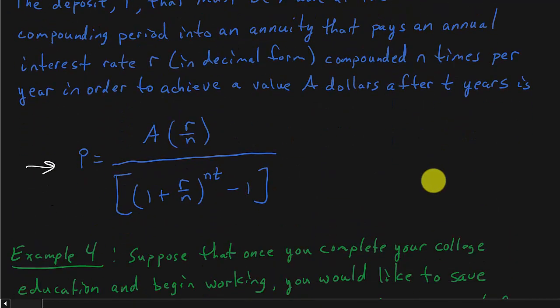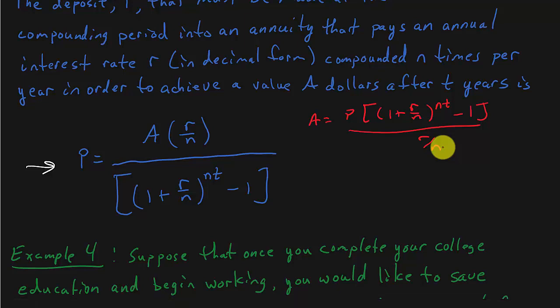If we take our formula, A equals P times 1 plus R over N to the NT minus 1 over R over N. That's the formula for our annuity. Now, remember, this is P times this, right? P times that. So we can actually do this, can't we? P times all of this right here.